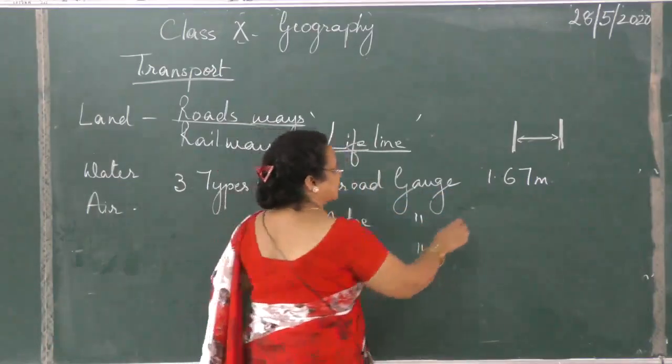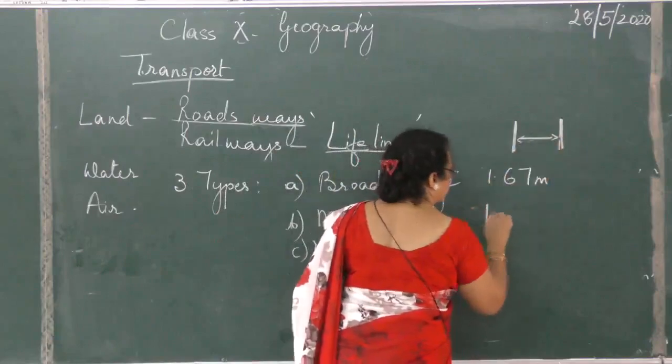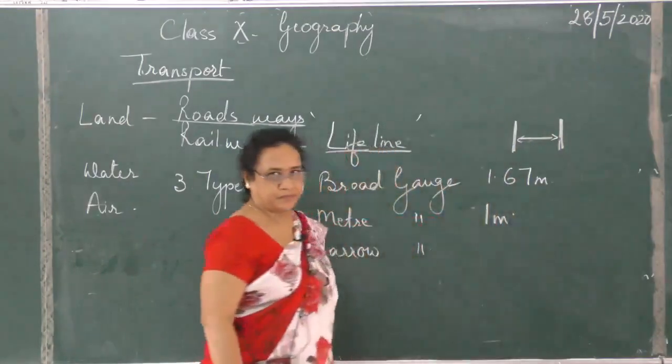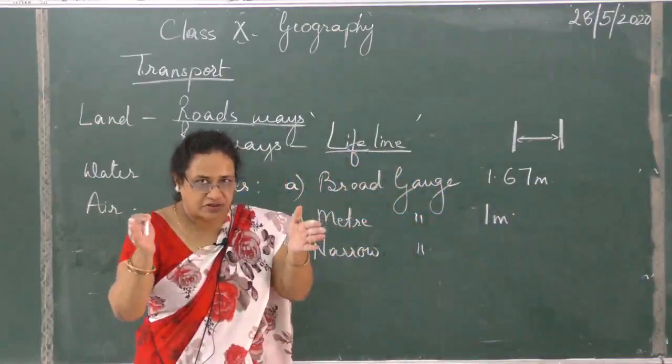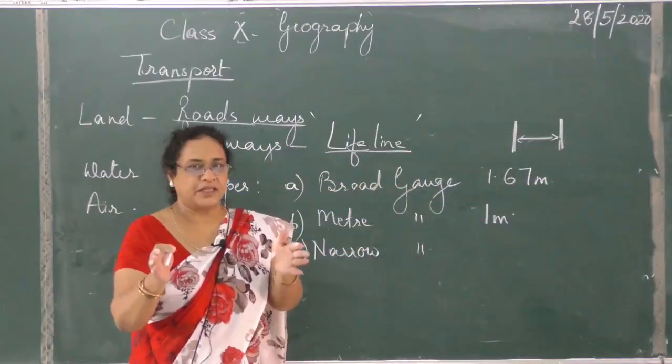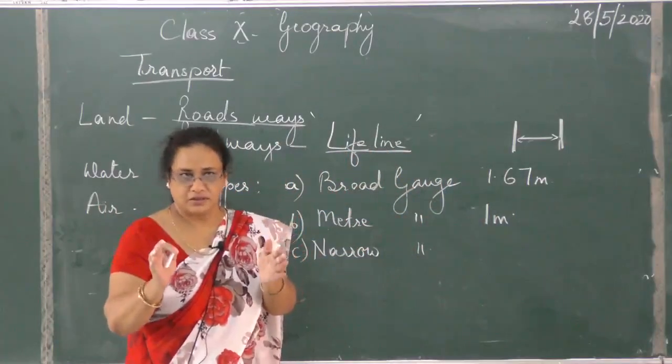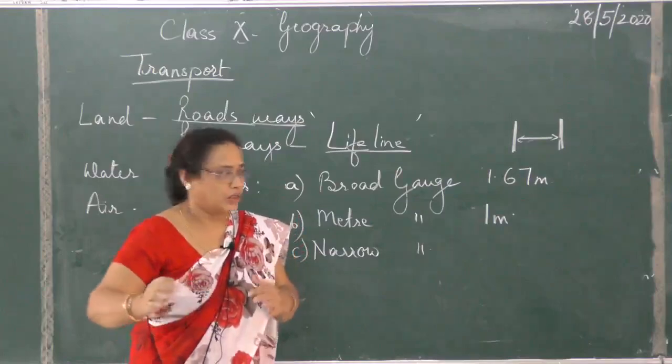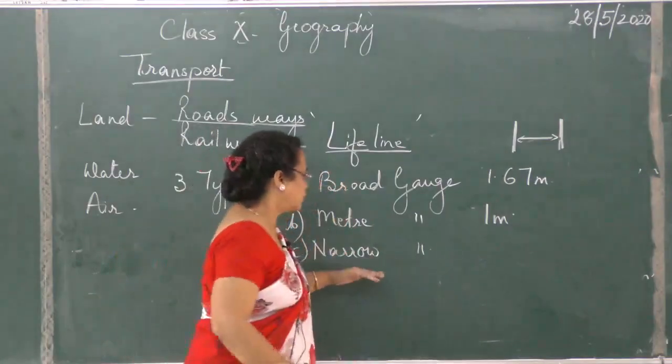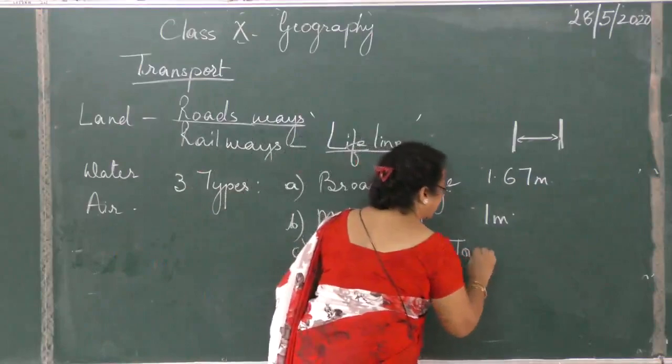Meter gauge means the distance between these 2 rails is only 1 meter. So the size of the train becomes smaller. Size meaning the size of the coaches in which the passengers sit.